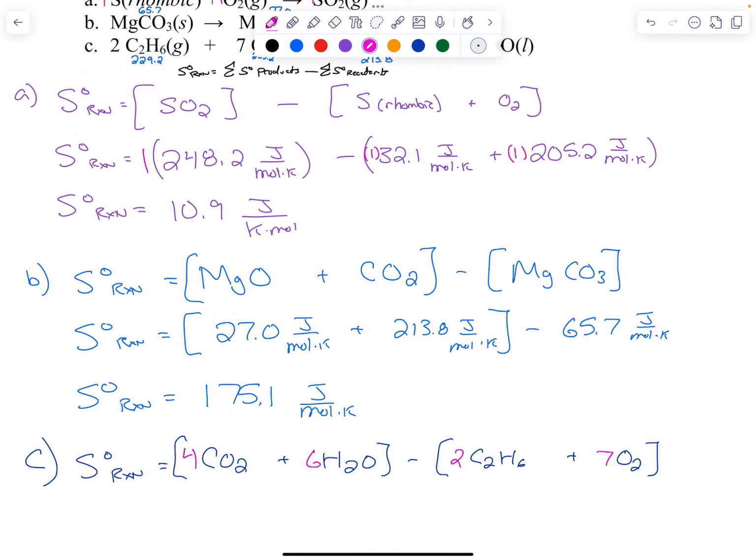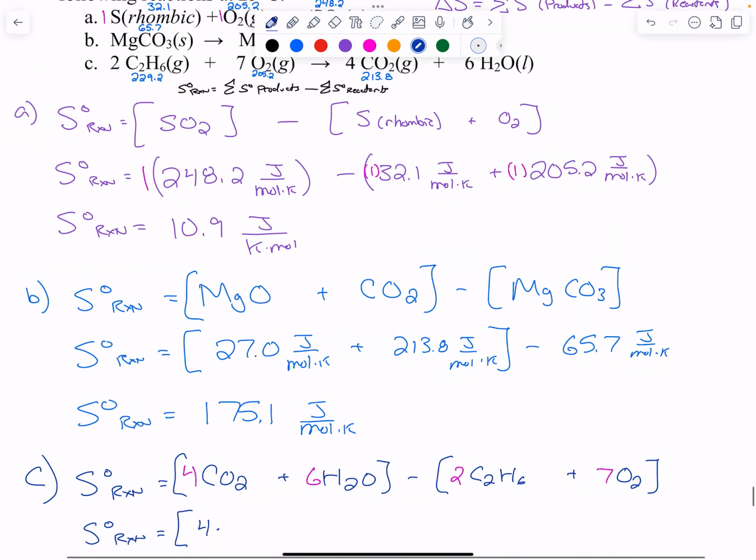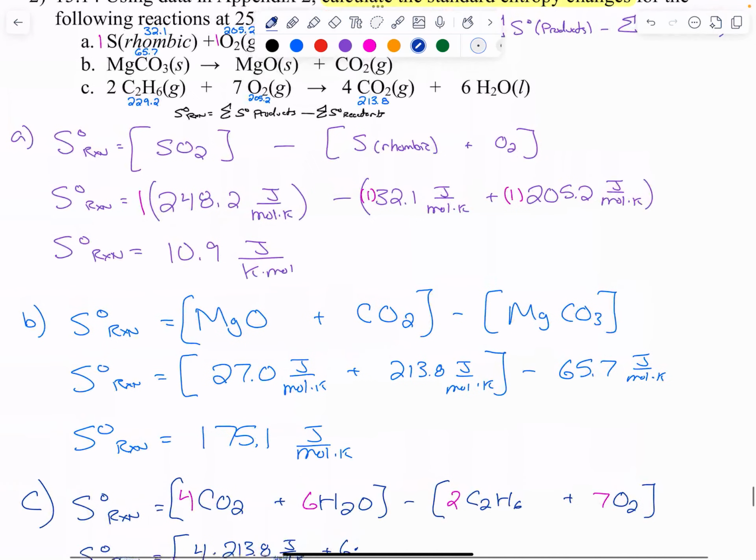So S standard of the reaction, 4 times, looks like it's 213.8, plus 6 times H2O. Oh, I didn't look up H2O. H2O is H2O liquid. I think it's 70. Looks like it's 70.